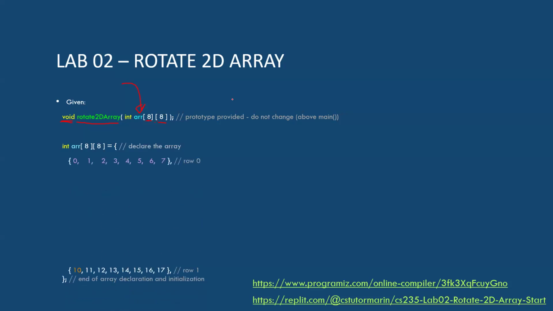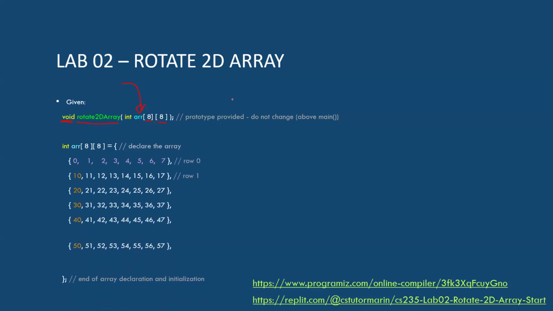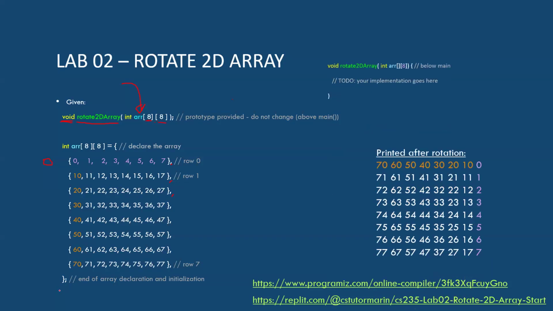So in our main section, if this is our two-dimensional array, remember that we have these individual rows separated by commas, row 0, row 1. Remember, we always start counting from 0 on the rows and 0 on the columns. So notice my purple and my orange. When we rotate this thing, we want it to end up like that, okay? We'll go through 3 approaches, so you don't have to do this cold.